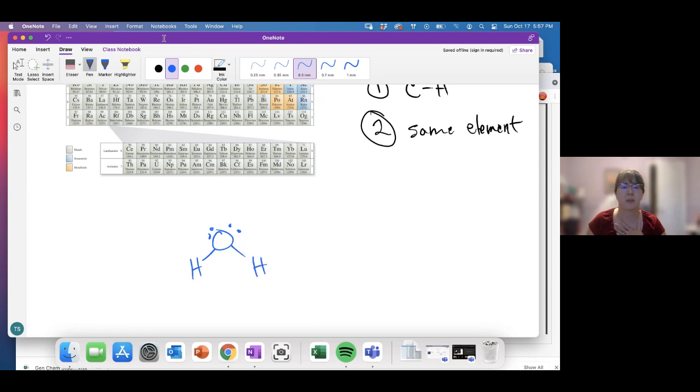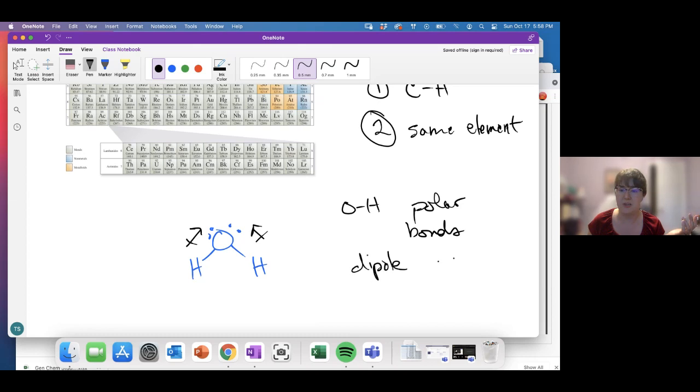This has dipole moments. So this has polar bonds, oxygen to hydrogen, polar bonds. When I'm noting a polar bond, I could draw a dipole. The dipole is the arrow thingy.